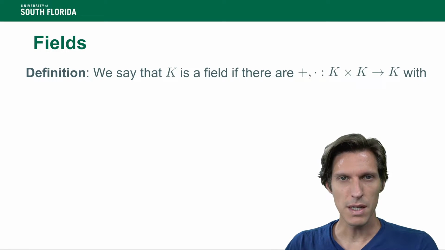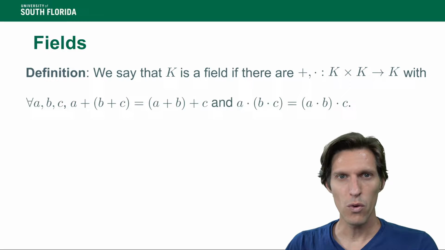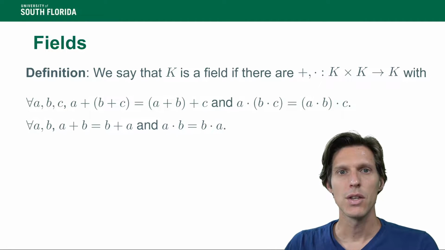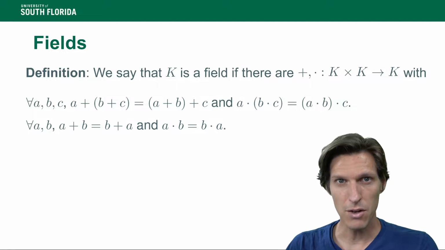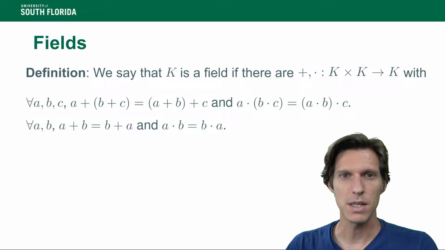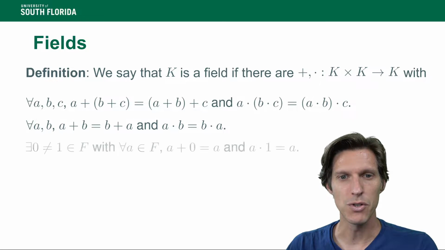It's a set equipped with a multiplication and an addition. For the addition, it is a group. So both multiplication and addition are associative, and as an additive group, the addition is commutative, and the multiplication is also commutative.